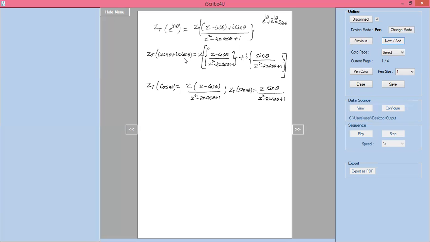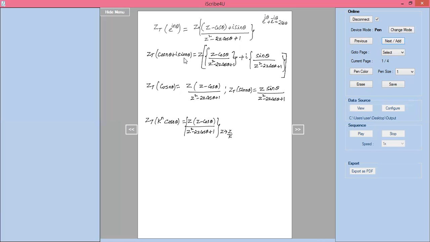Now what do we have to find? We have to find the z transform of k power n into cos n theta. That is nothing but z into z minus cos theta divided by z square minus 2z cos theta plus 1. Now I replace z by k.